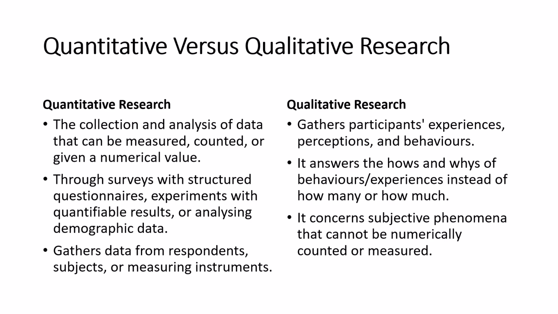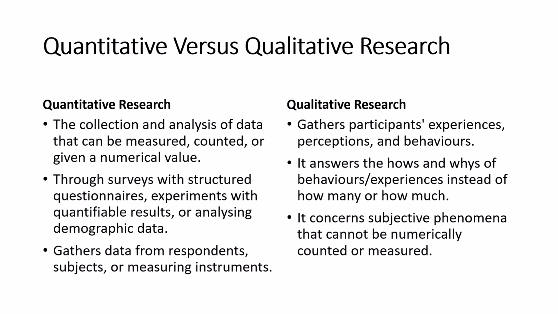Quantitative research is talking about the collection and analysis of data that can be measured, counted, or given a numerical value. It can be conducted through surveys with structured questionnaires on a Likert scale.